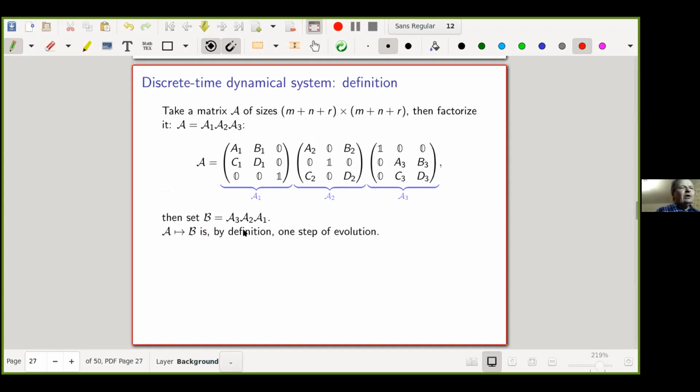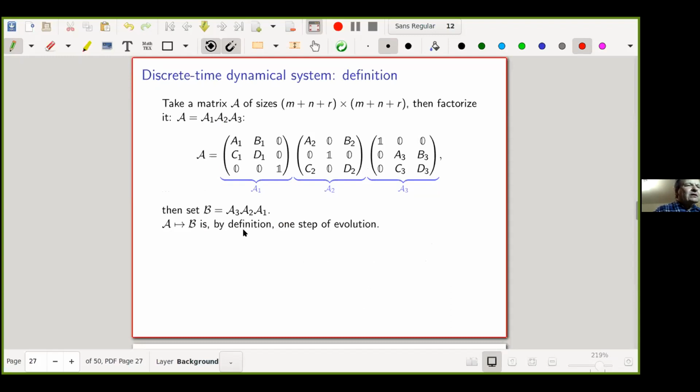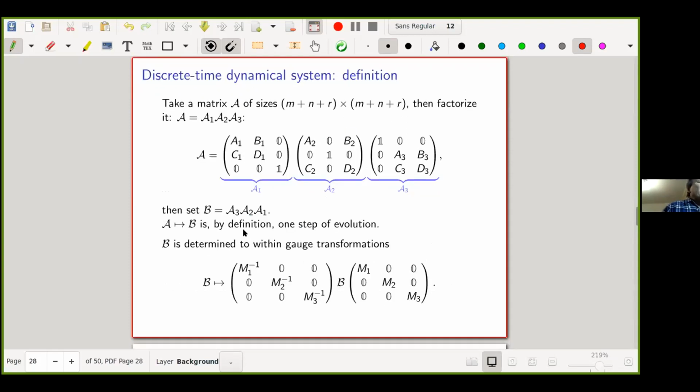Now what is especially beautiful with these divisors is in this picture, but let us return here first.